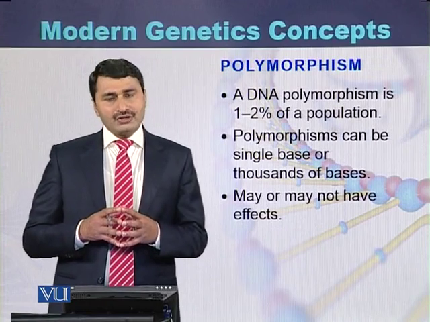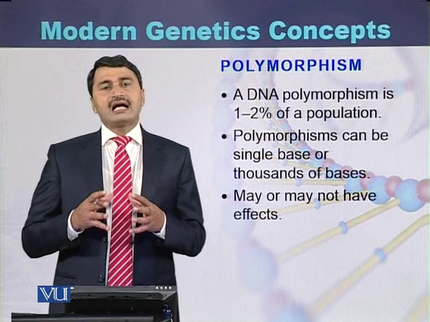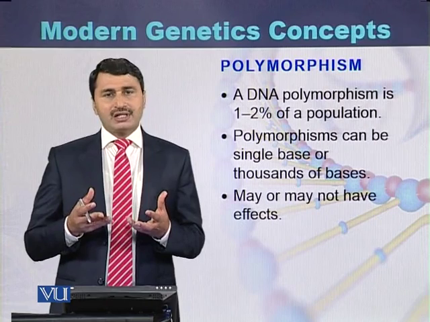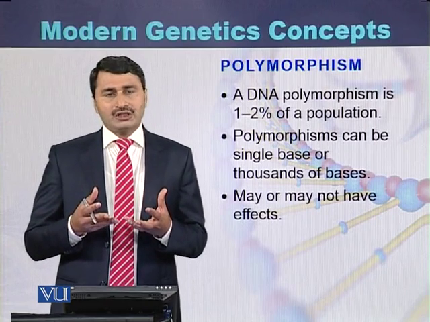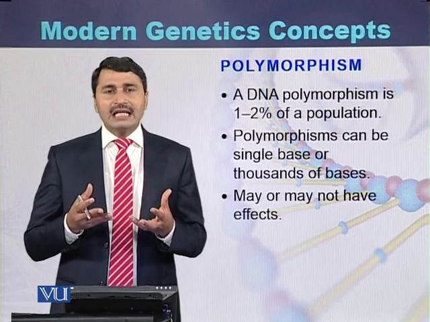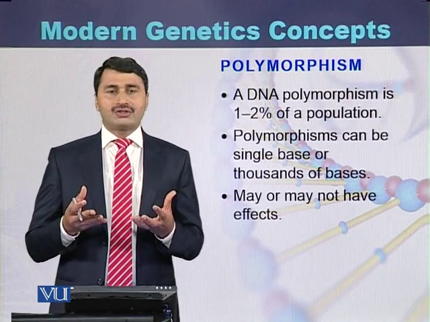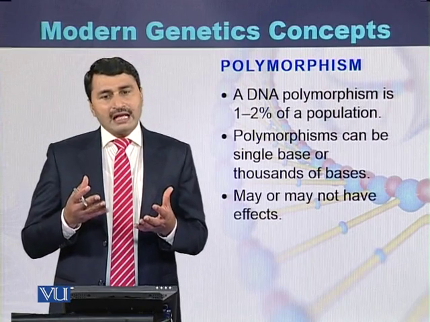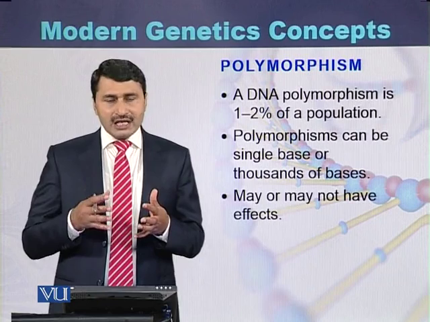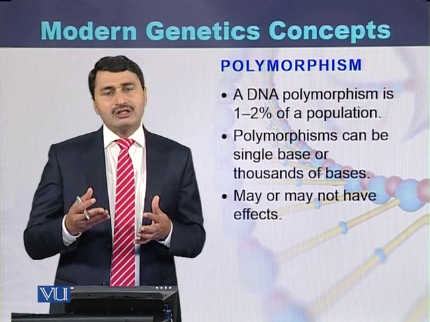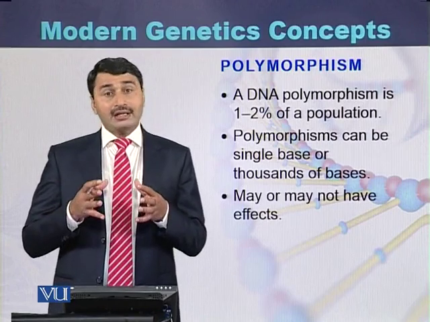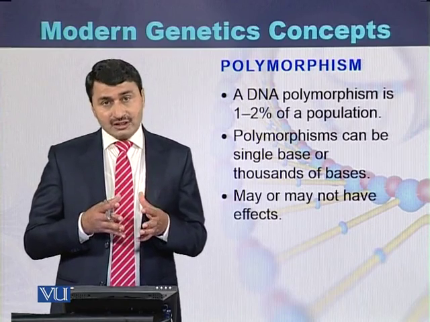What is the meaning of polymorphism? If a genetic change in a particular population is present in more than 1% of the general population, it is usually called a polymorphism. A polymorphism can be a change of a single nucleotide, or sometimes the change extends to more than one nucleotide, up to thousands of nucleotides. A polymorphism may or may not have an effect on the phenotype.